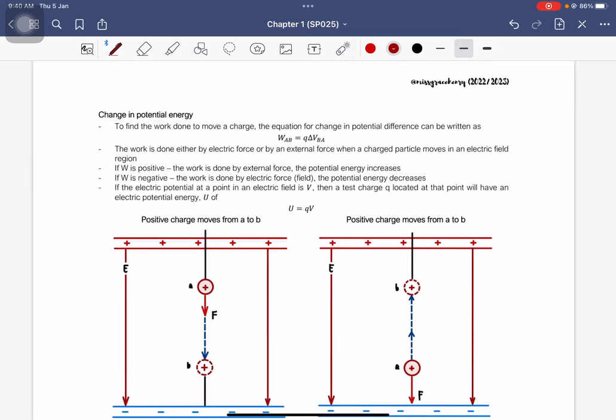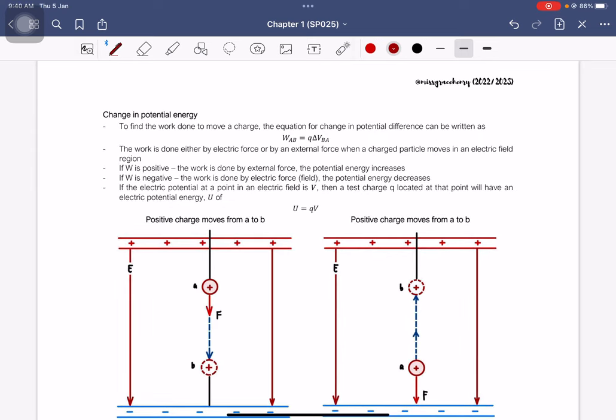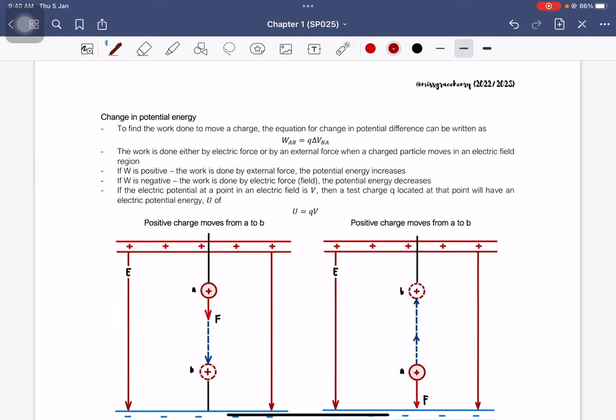Next, if we were to ask about the change in potential energy, we will then be looking at the work done. So to find the work done to move a charge, the equation for change in potential difference can be written as the one shown here. The work is done either by the electric force or by an external force when a charged particle moves in an electric field region.